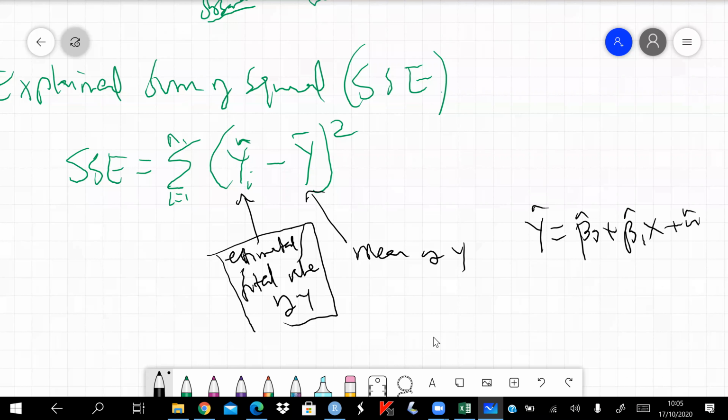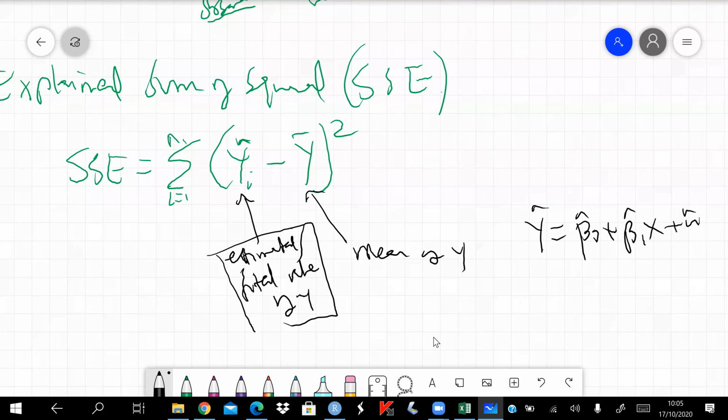The residual sum of squares is given by SSR equal to the summation of y i minus y hat squared.